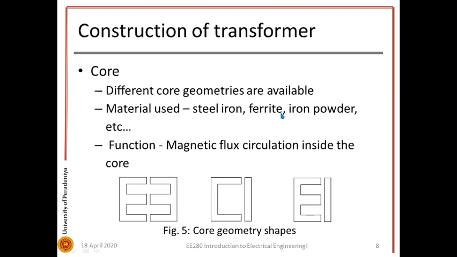Steel iron, ferrites, iron powder are some of the materials that are used for cores. Steel iron types are mainly used in low frequency transformers. Ferrite and iron powder can be used in high frequency transformer applications.